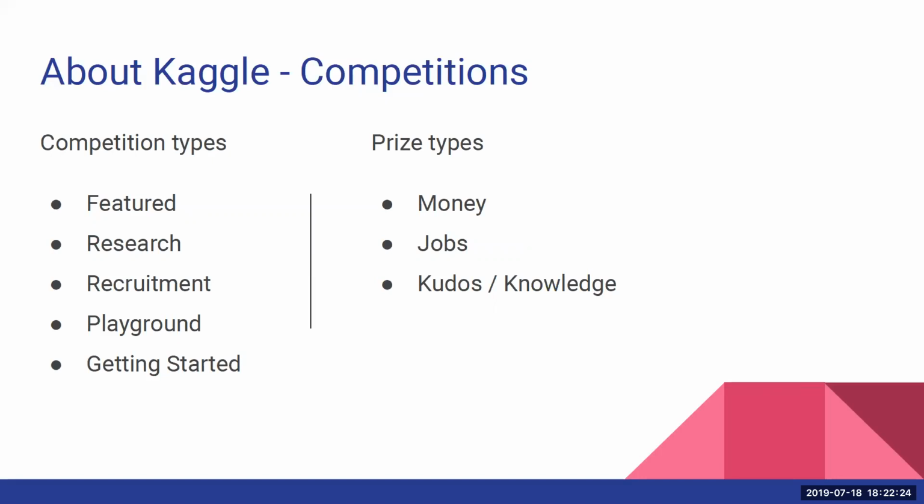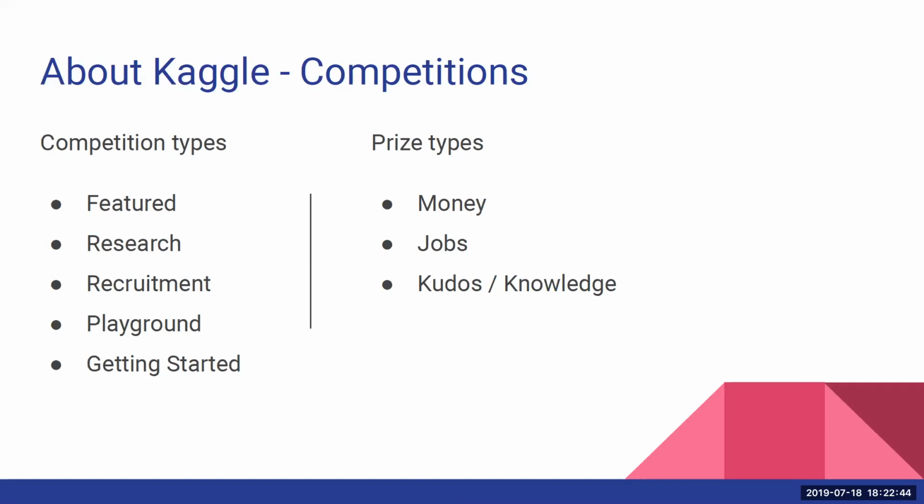The money prize in Kaggle is sometimes a lot and sometimes not very much, but it's up to you to choose. I know last year there was one competition with a total prize of $1,200,000, which is fairly good.